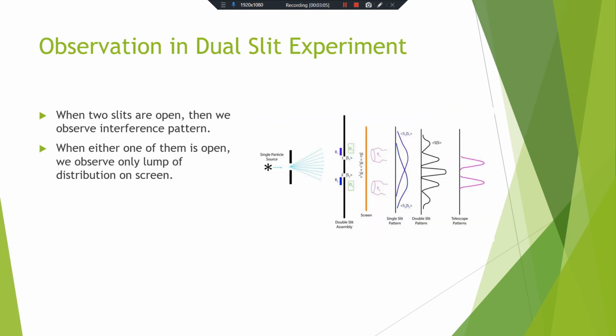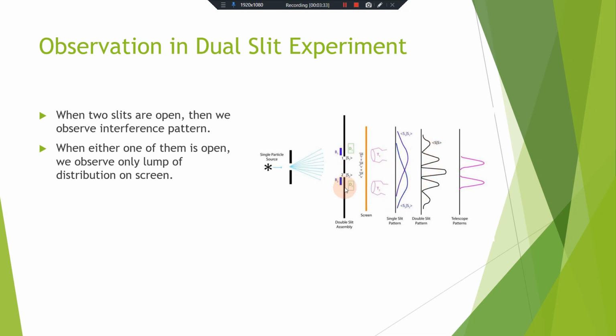So, observation again. There is a source and there are two slits. When either one slit is open, this produces these lumps. When the upper slit is open, this produces the upper lump, and when the lower slit is open, this produces the lower lump.